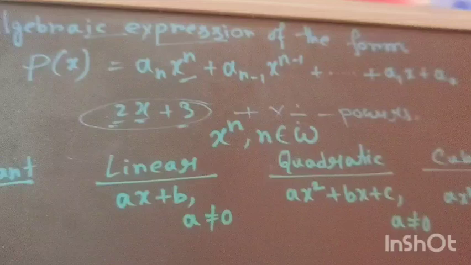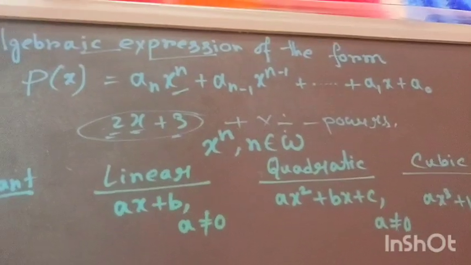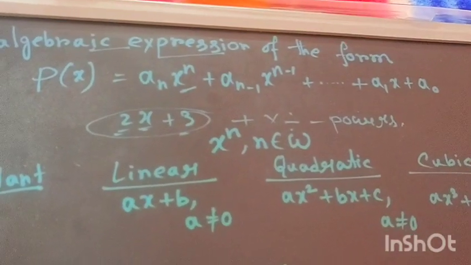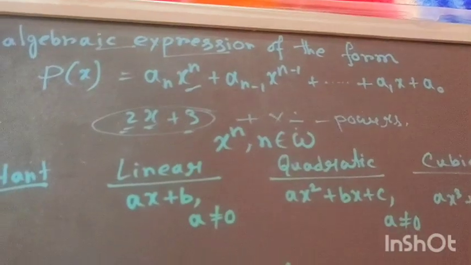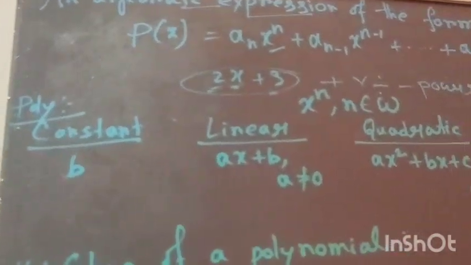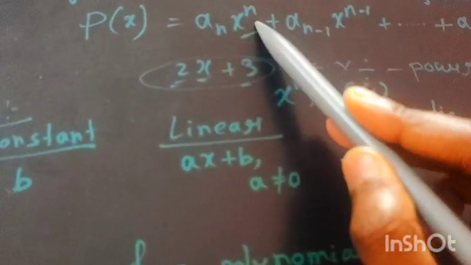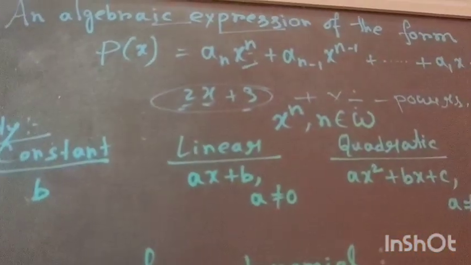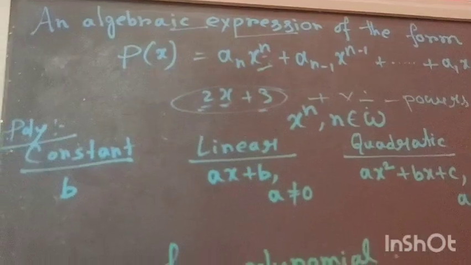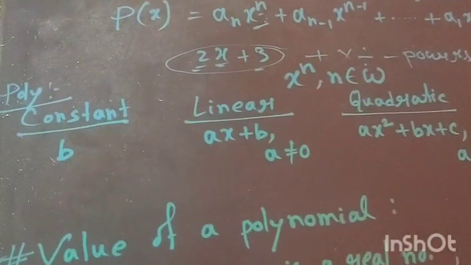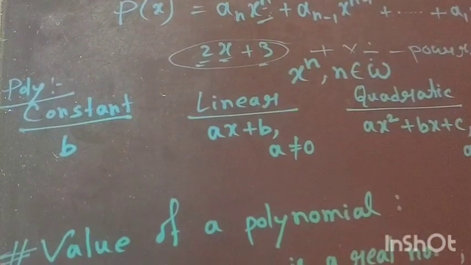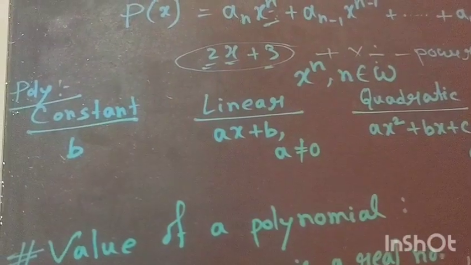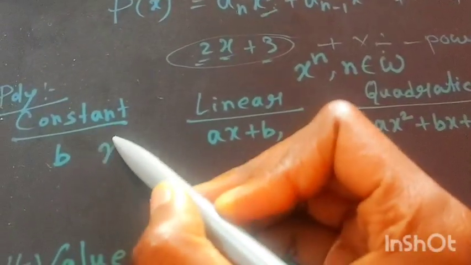Okay, so now we will talk about some types of polynomials based on degree. What is degree? The highest power of the variable, the highest power of x, is the degree of that polynomial. A constant polynomial means the degree is 0.